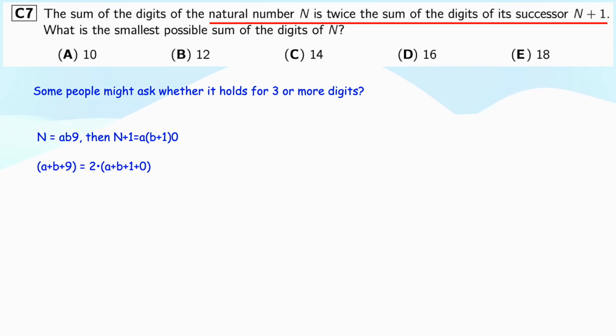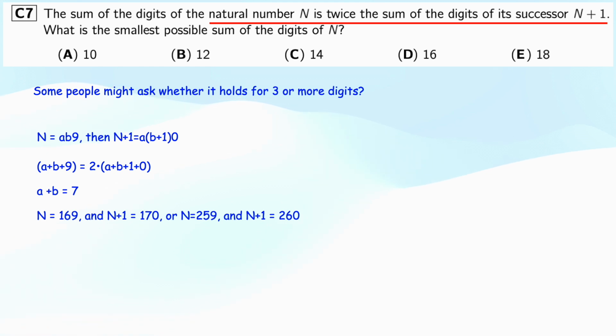And let's see, a plus b plus 9 shall equal 2 times (a plus b plus 1 plus 0). What do we get? To meet the condition, a plus b has to be 7, which means n can be, for example, 169, with n plus 1 being 170, or 259, with n plus 1 being 260.